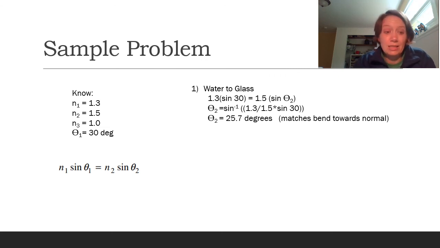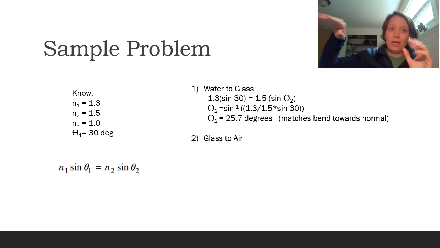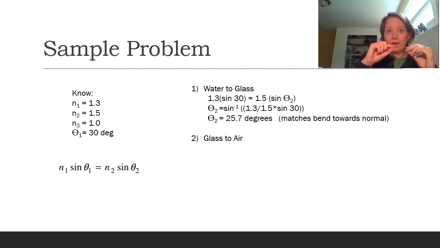Which is less than the angle of incidence was. That makes sense because it's bending towards the normal. It's going to have a smaller angle when it comes into the glass than it did when it was in the water. Now that light ray is going to continue at that same angle, and there are geometry proofs about parallel lines being intersected, showing how the angle of refraction into one material will then become the angle of incidence into the next material.